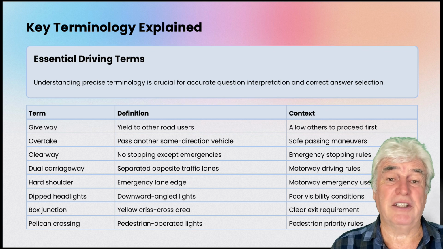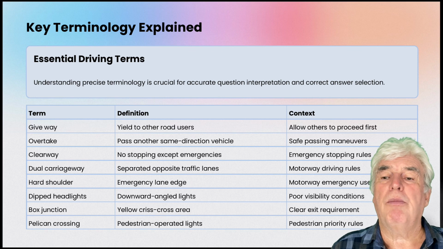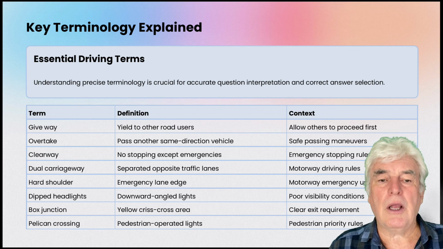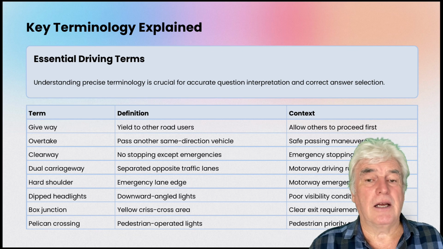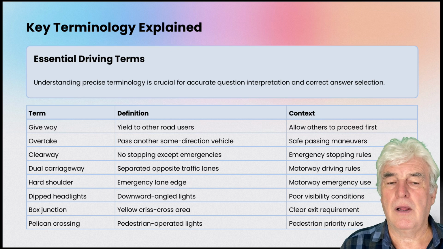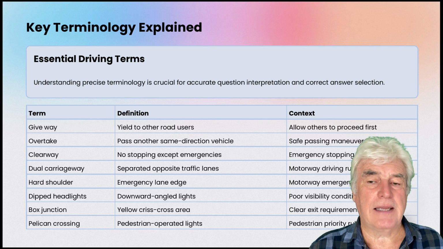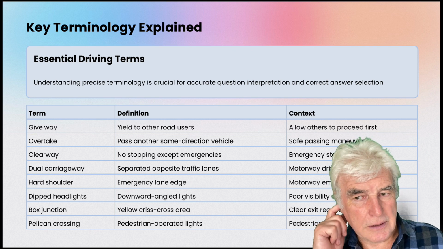Give way means yield or stop to other road users, allowing them to go before you. Overtake: pass another vehicle traveling in the same direction. Clearway: a road where stopping is prohibited except in emergencies.